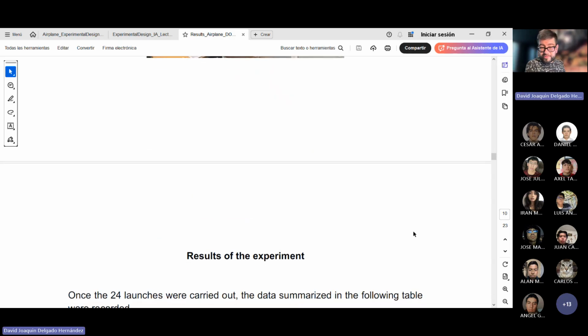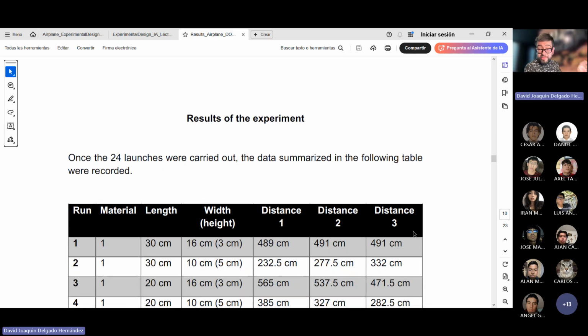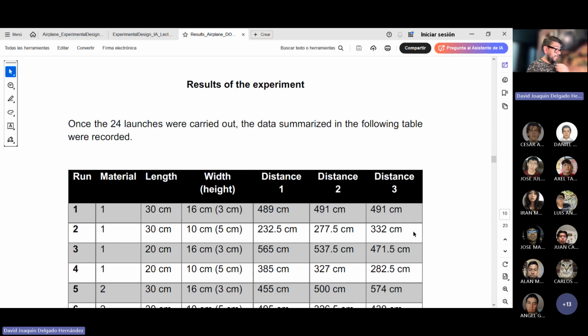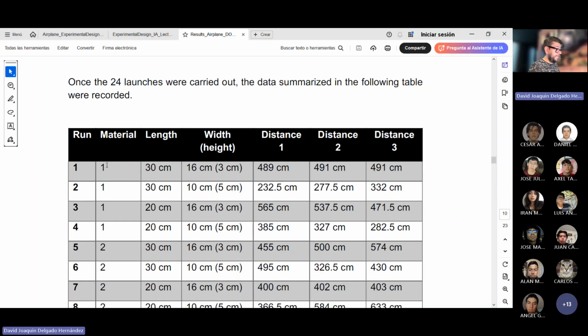What are the results of the experiment? Well, once the 24 launches were recorded in this table, we can summarize. So the first airplane was made with the bond paper. It had 30 centimeters length and 16 centimeters width. The first distance was 489, the second 491, and the third distance 491.